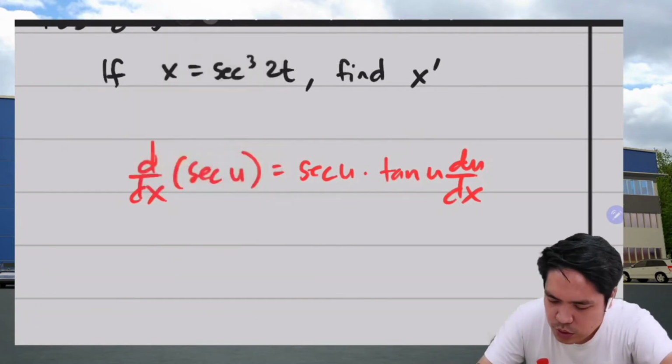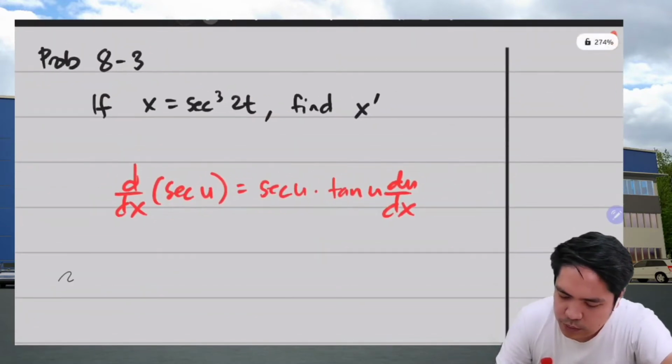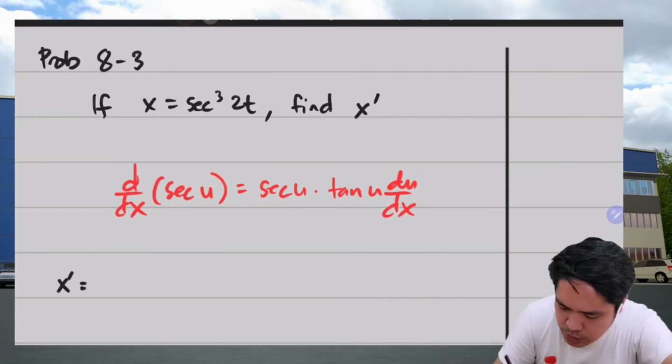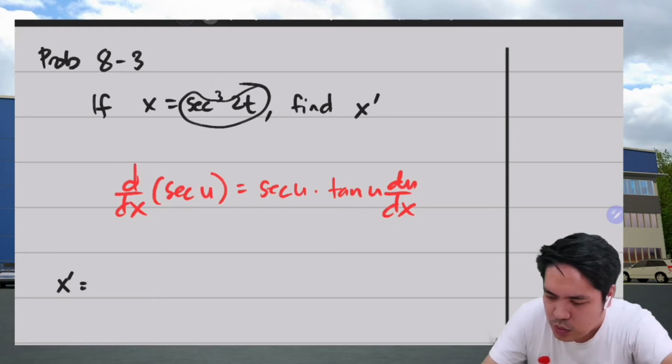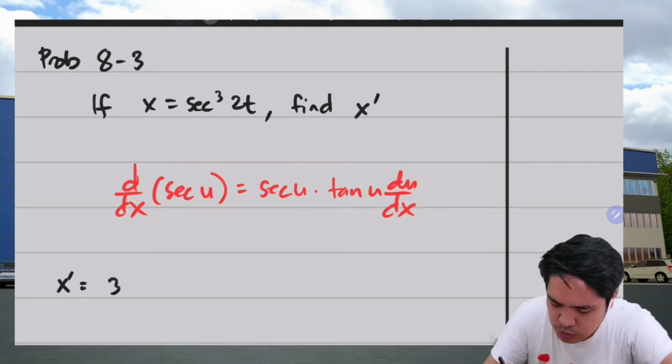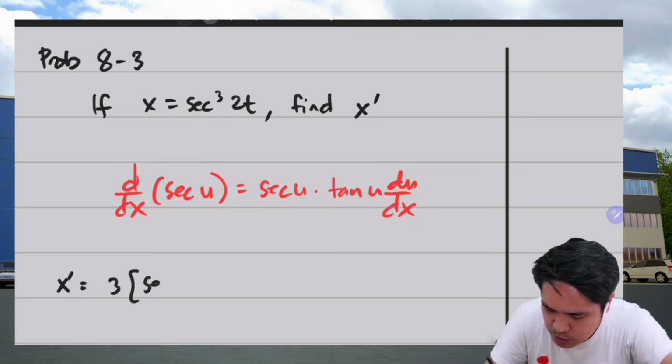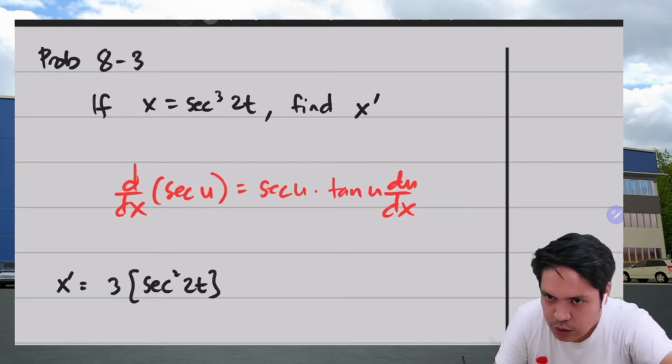Okay? So to solve for x prime, let us first get the derivative of secant 2t raised to 3. So, our mother function is secant 2t raised to 3. So, that would become 3 times secant 2t squared. Okay?